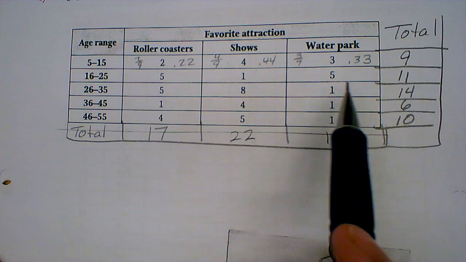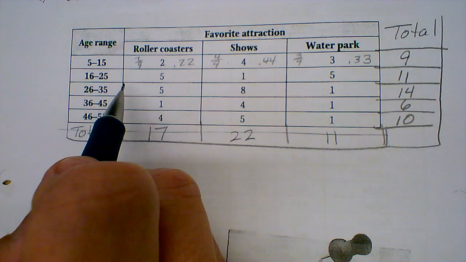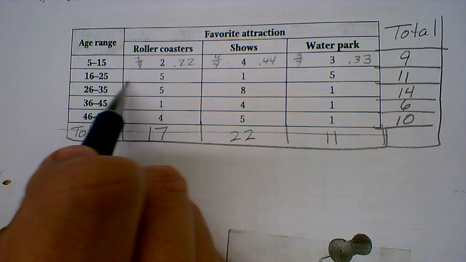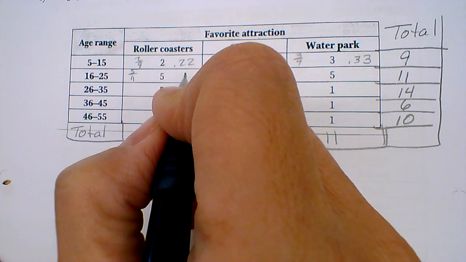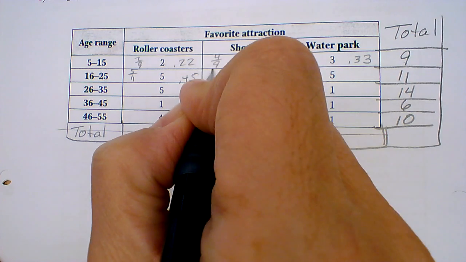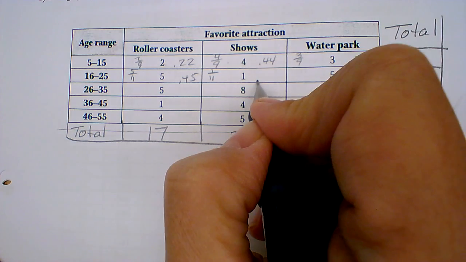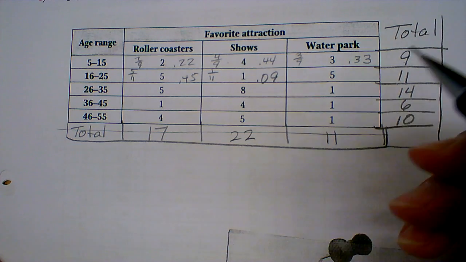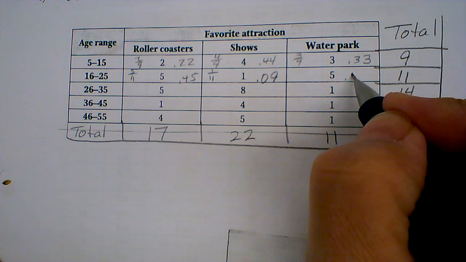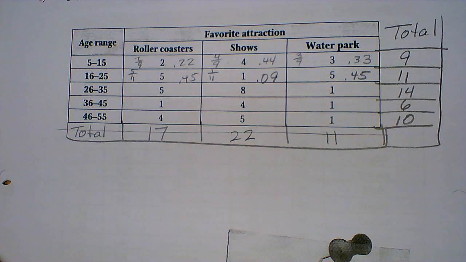So I'm going to do the same thing, and I'm going to fill in the rest of this table. In this case, my total in the age group is 11, so it would be 5 divided by 11, 0.45, 1 divided by 11, 0.09, and 5 divided by 11 again, 0.45.